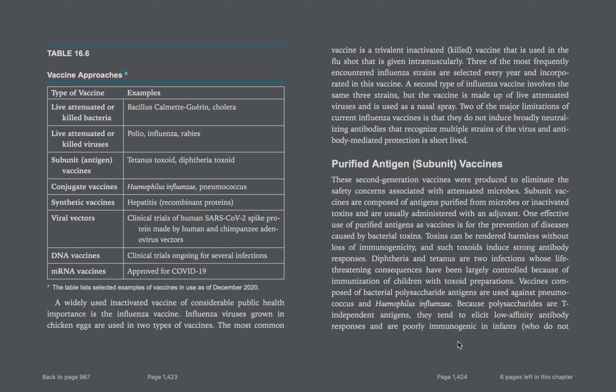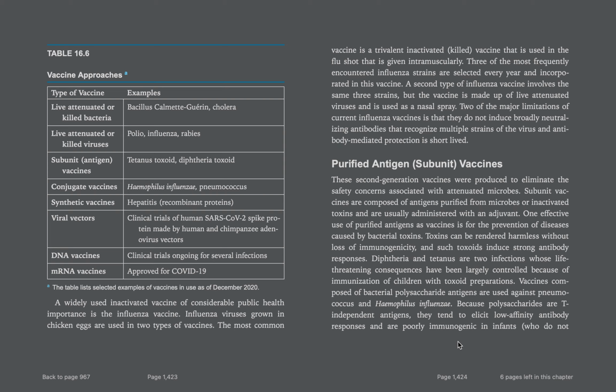Purified antigen subunit vaccine. These second-generation vaccines were produced to eliminate safety concerns associated with the attenuated microbes. Subunit vaccines are composed of antigens purified from the microbes and inactivated toxins, and are usually administered with an adjuvant.